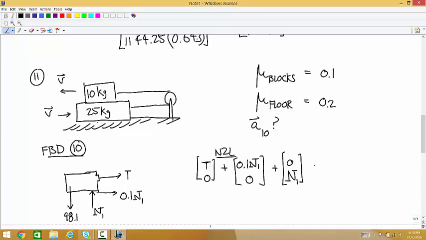The weight is in the negative y direction. And then all that's equal to the mass times the acceleration vector.